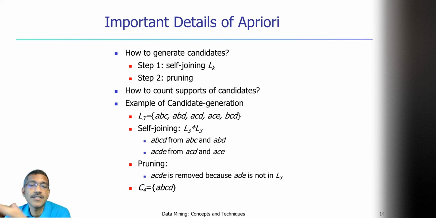We have ABC, ABD, ACD, ACE, and BCD, but ADE is not there. Therefore, we can remove that. Then we only need to scan for ABCD. Anyway, the biggest cost in scanning is to get the data. So why should we look for something that we know is not going to be there?